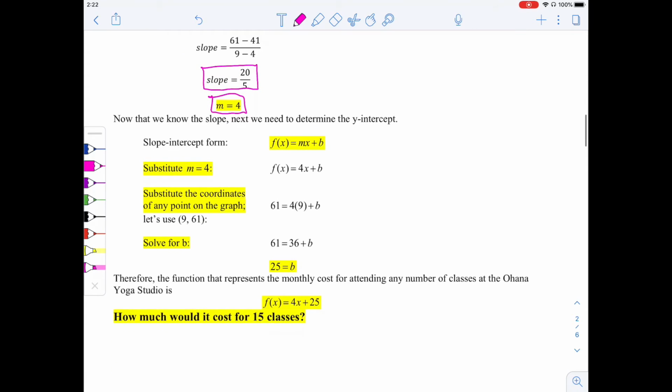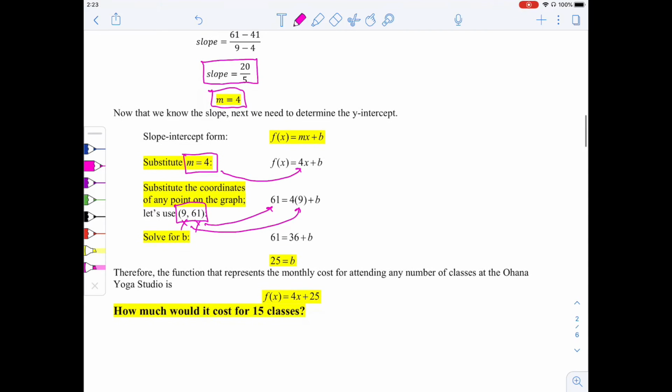Then once we have that, we substitute m equals 4 into our equation. Substitute our point, our x and our y, into our equation. Our x value goes here, y value goes there. Calculate it, and we solve for b, which is 25. Then you take that 4 and 25 and substitute that in there.